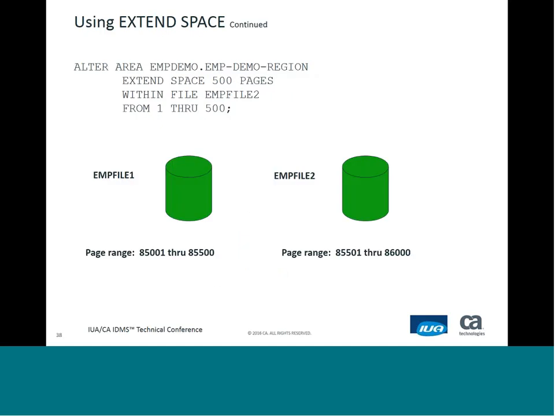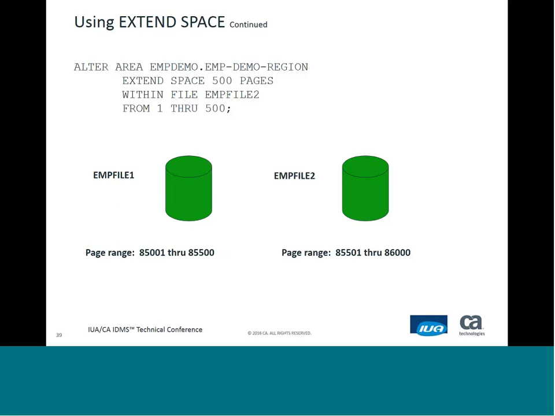So to do the extend space, I will have to create within that segment definition another file, EMP-file2. Then on the area statement, I'll do an alter area for that area, and I'll say extend space 500 pages, and then tell IDMS to map those pages into EMP-file2 from block 1 through 500.